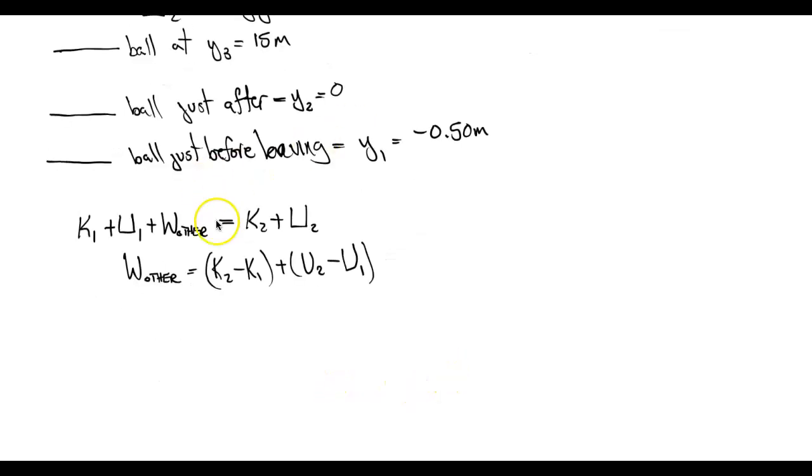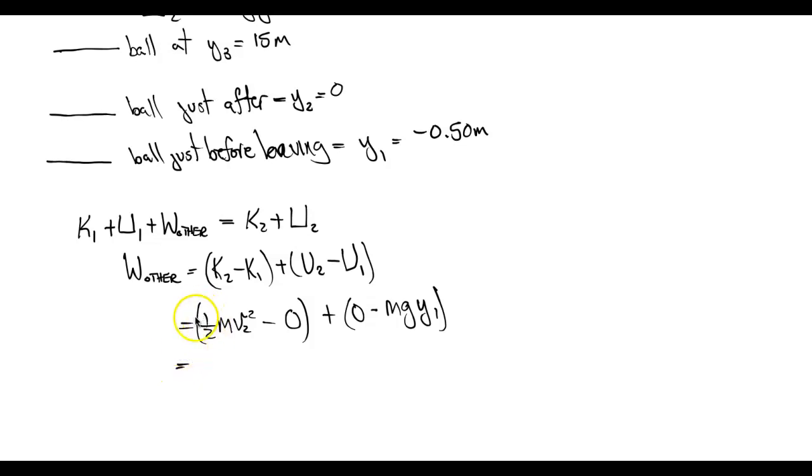And if we plug in these values, we have 1/2 mv2 squared minus K1, if you remember, was 0, plus U2 is 0, it's just after it leaves the hand, minus mg y1.